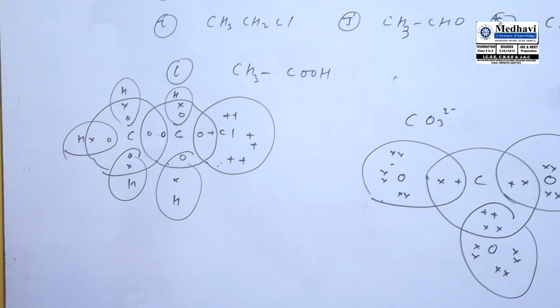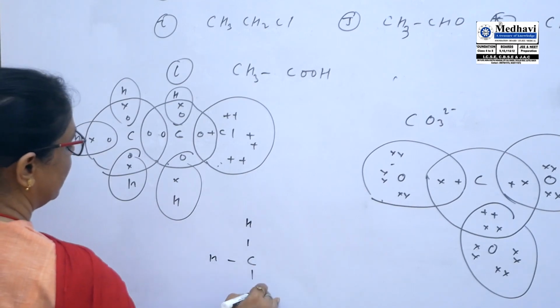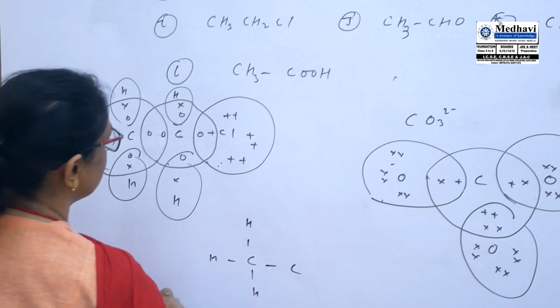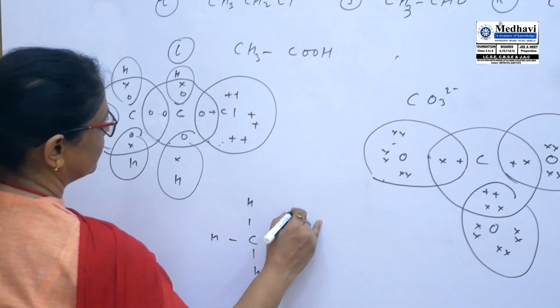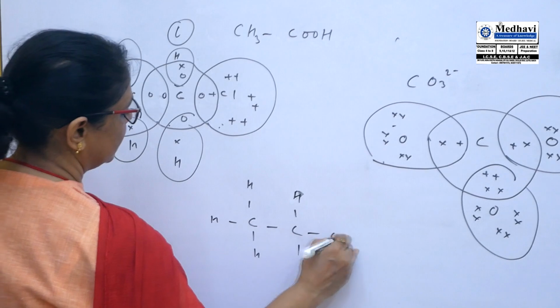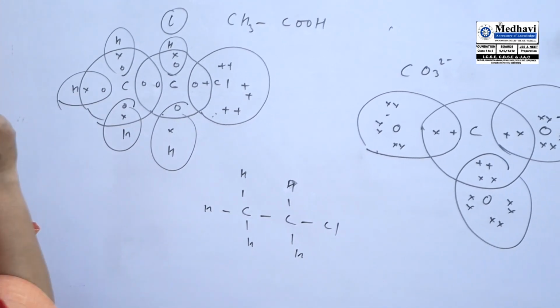So here each carbon and hydrogen single bond, carbon carbon single bond, single bond. This way we can form chloroethane diagram.